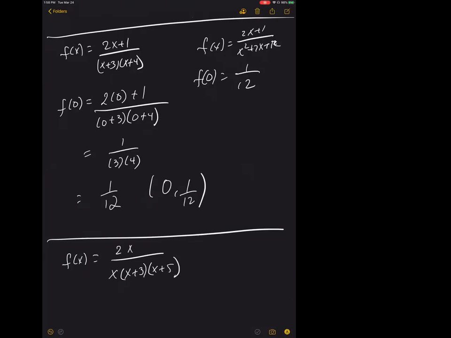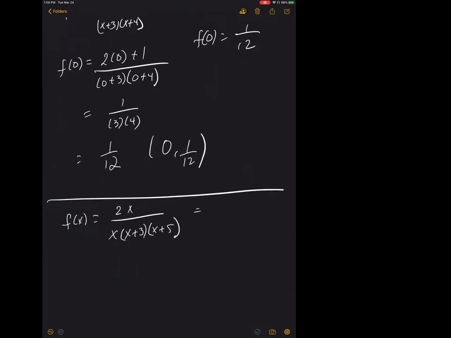When you plug in 0 into this function right here, you get 2 times 0 over 0 times 0 plus 3 times 0 plus 5. And that gives us 0 over 0. Can we divide by 0? No. Therefore, this has no y-intercept. But that's how you find your x and your y-intercept.